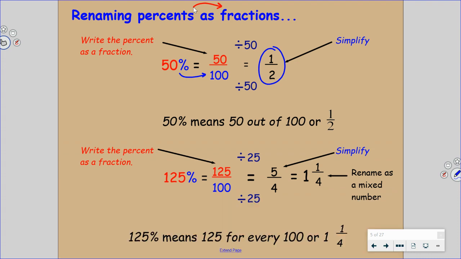Well, don't be intimidated if it's over 100. Again, that percent means per 100, so we can rewrite 125 over 100. We can reduce to 5/4, and finally write it in simplest form. So 125% literally means 125 out of 100, and it can also be written as 1 and 1/4.